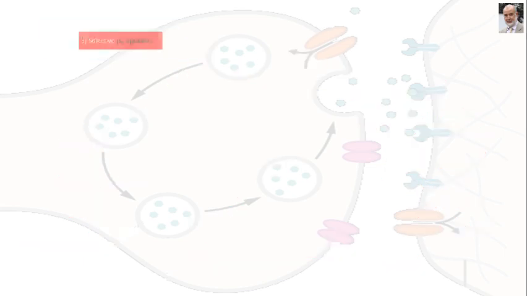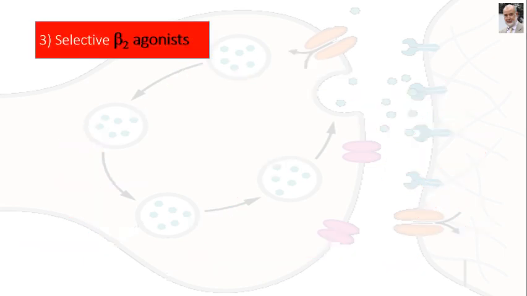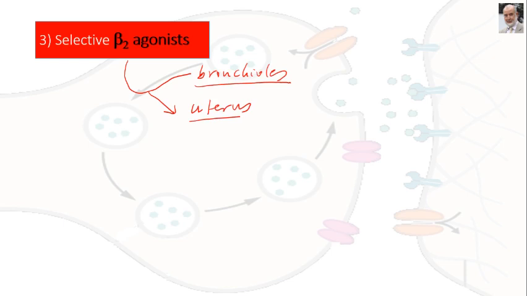Next group will be the selective beta-2 agonists. And beta-2, as we said before, is important for us in both the bronchioles and the uterus. They have important clinical application regarding these two organs.